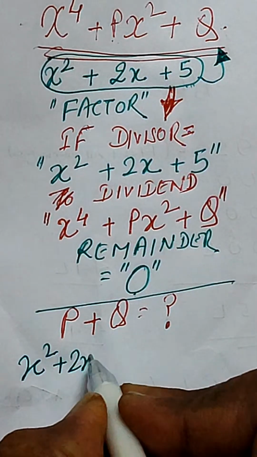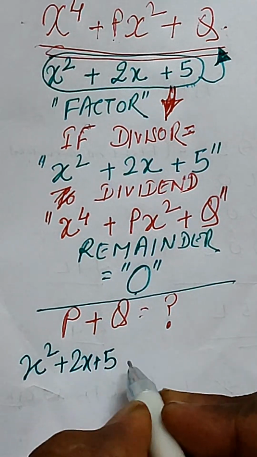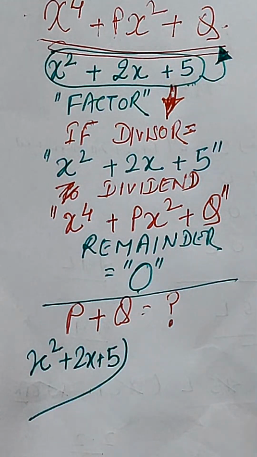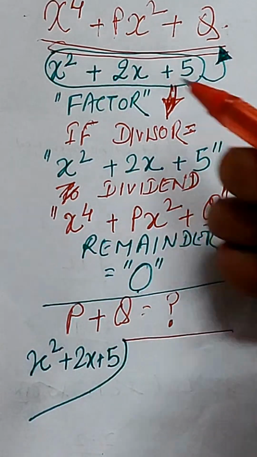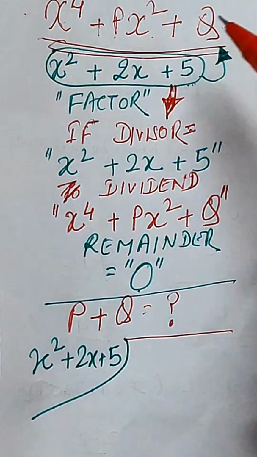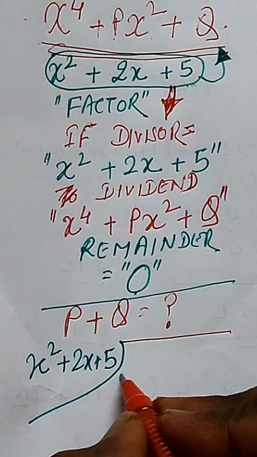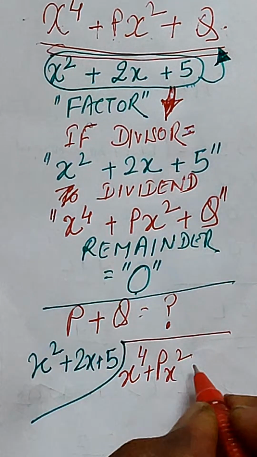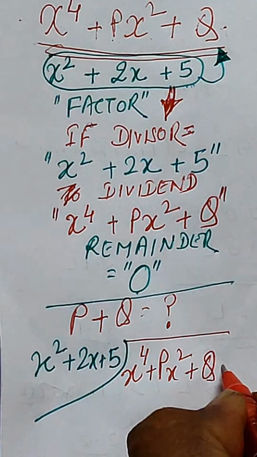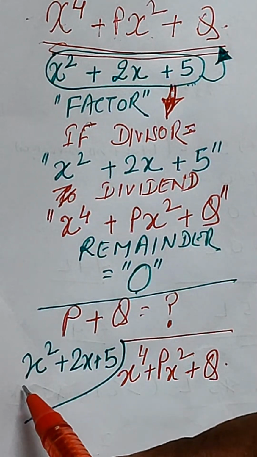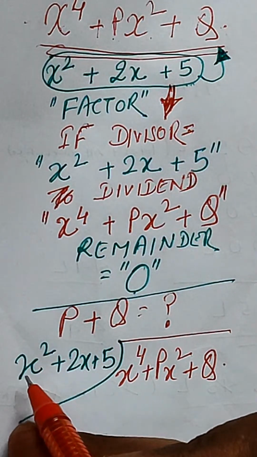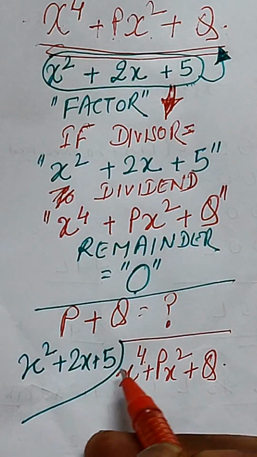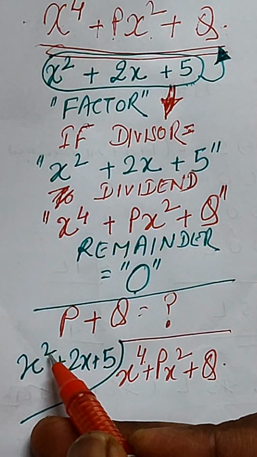So let us divide by x square plus 2x plus 5. Let us divide the given polynomial, that is x4 plus px square plus q. Now just a simple division. For the dividend the maximum degree is 4, and for the divisor the maximum degree is 2.